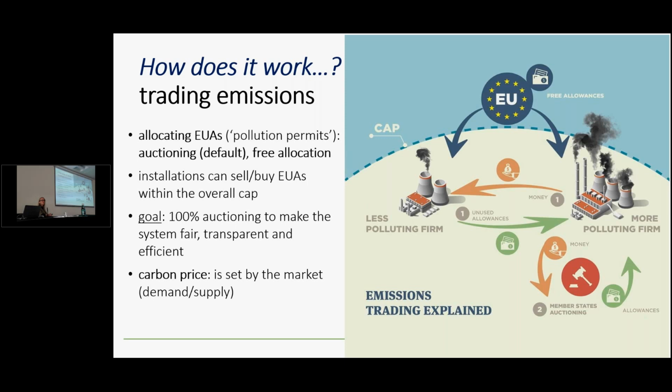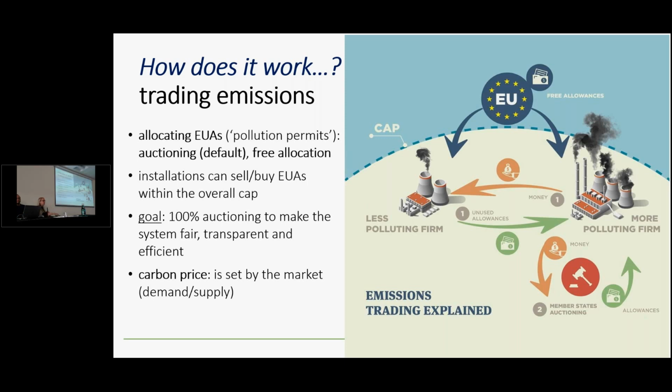In principle, they should buy these allowances on a common auctioning platform. It's here, this little hammer. So the EU gives out allowances to member states based on certain principles. One of them is also wealth. And then the member states auction these allowances on a common platform where all the companies can buy their permits.